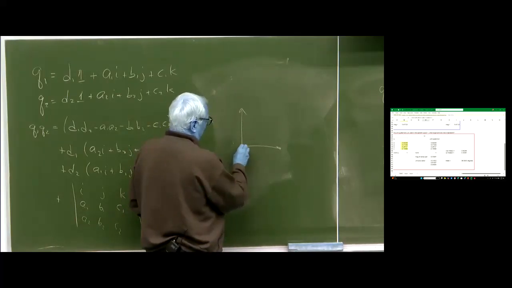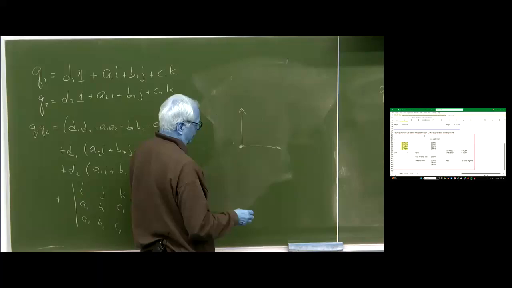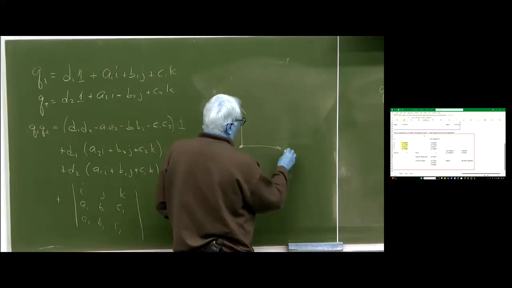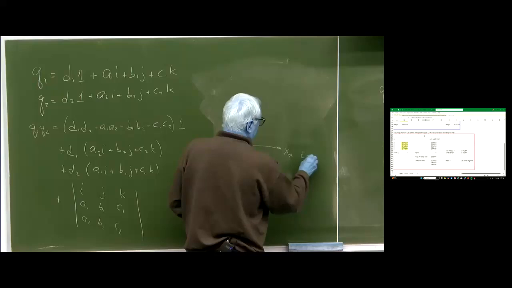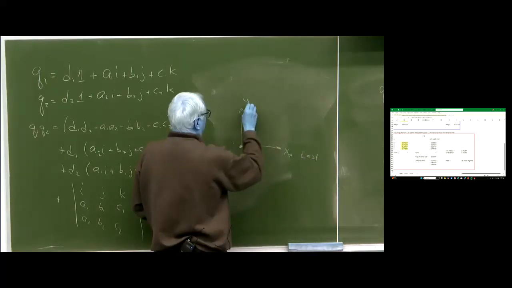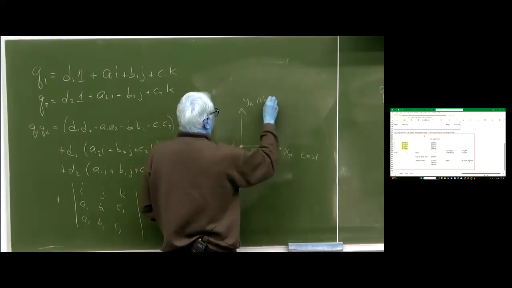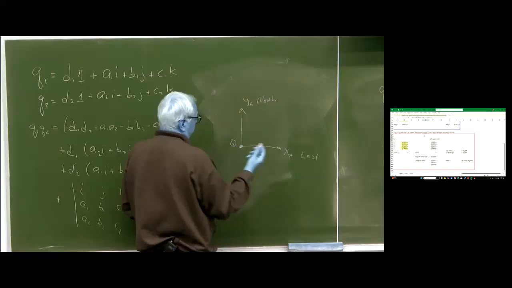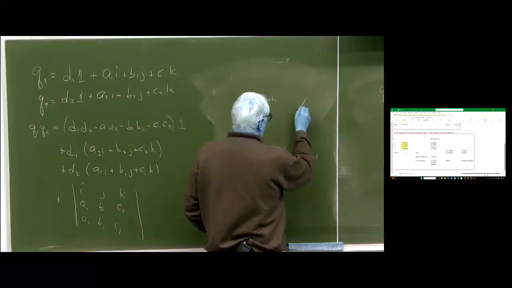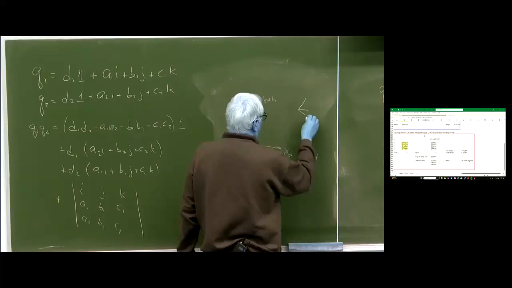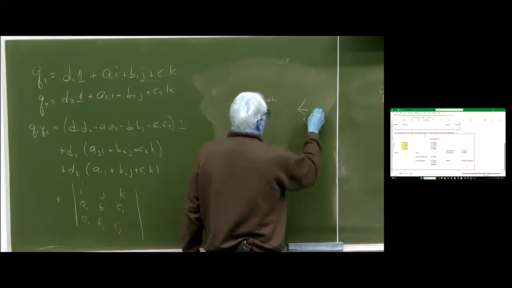You have a reference for the origin of the world. I'll call this the A coordinate system, with X pointing east, Y pointing north, and Z up. And then to describe the position of the drone, there's a drone coordinate system, which we'll call B.